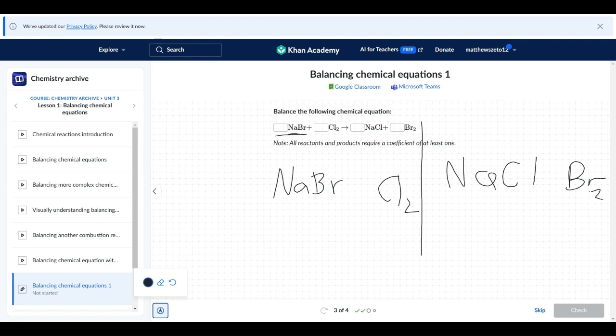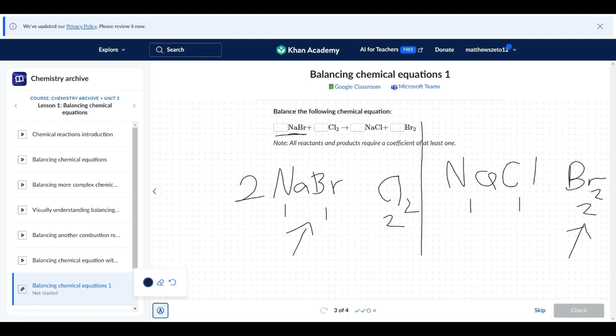This sodium right here, you notice that there's one of each, and you notice there's two of each. Logically speaking, if there's one bromine right here and there's two bromines right here, you have to make this a two.